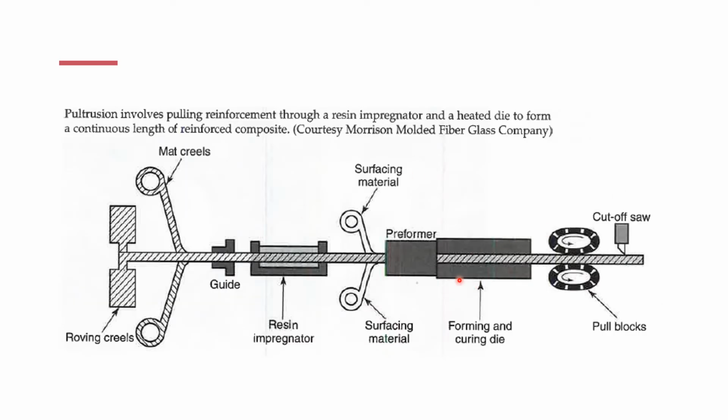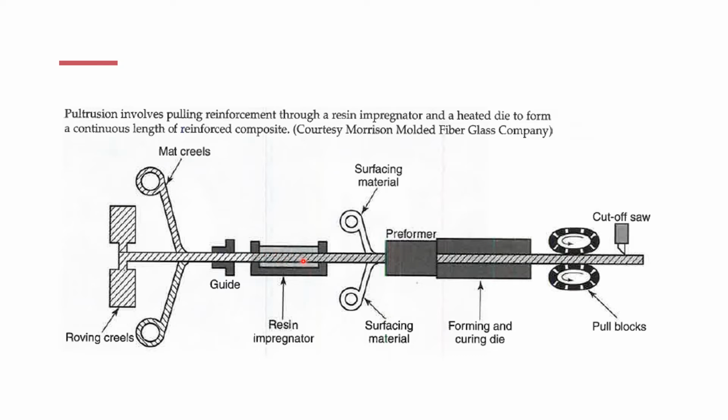This is your textbook picture for pultrusion, and it's just showing you that it involves pulling reinforcement through a resin and heated die. You can see your guide is right there, your resin.